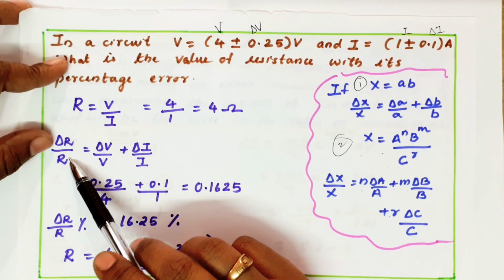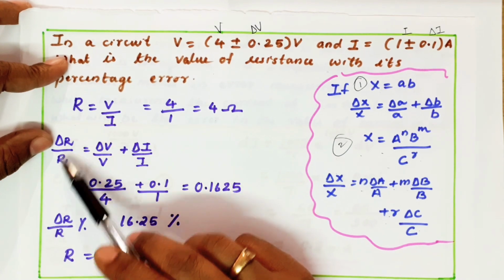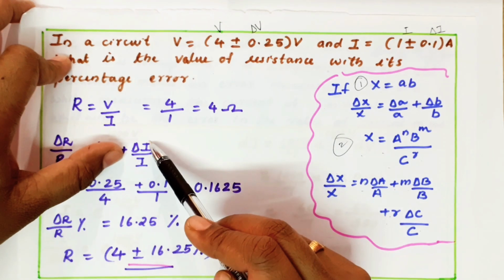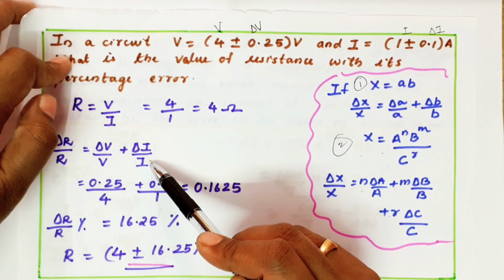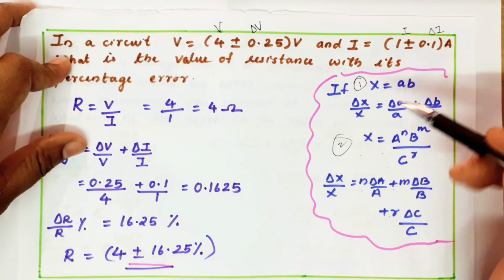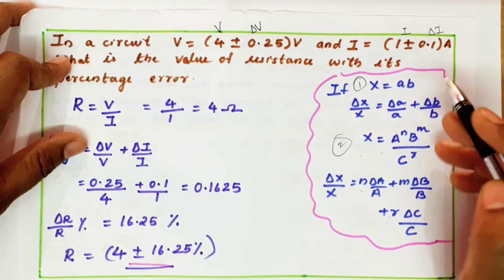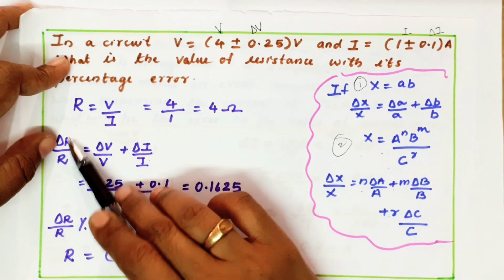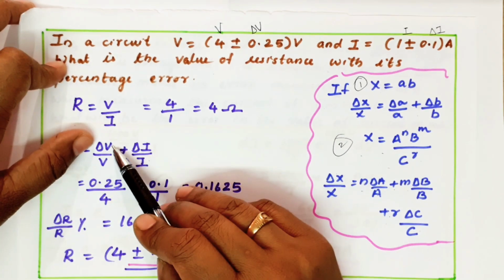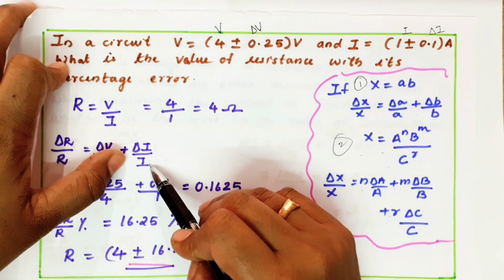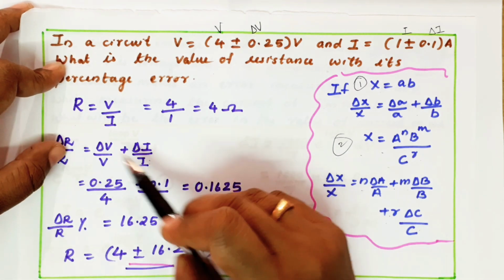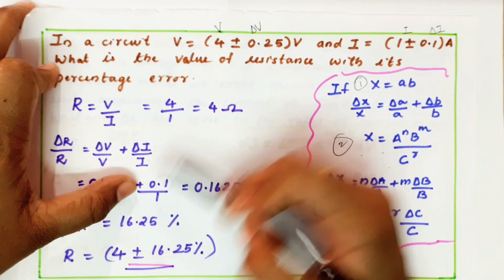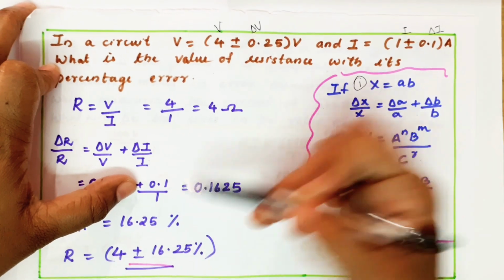If you want the error in resistance, ΔR/R equals ΔV/V plus ΔI/I. In this, remember, multiplication and division follow the same rule. Then ΔV is 0.25 by 4 plus 0.1 by 1.